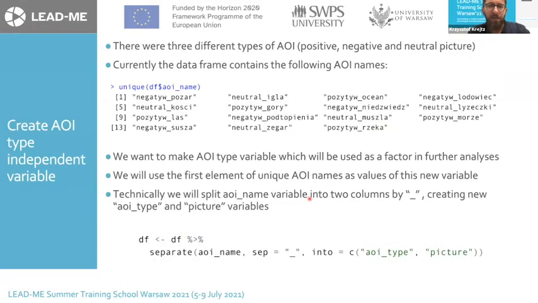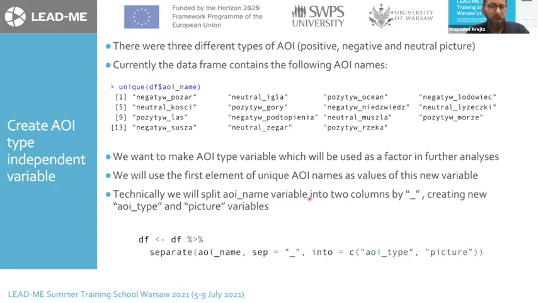let's go next. I don't like these AOI names, and we need to do something about this. Sometimes you have something in mind when you create the AOI names, or the variable values, but then it appears that you don't need such detailed names.